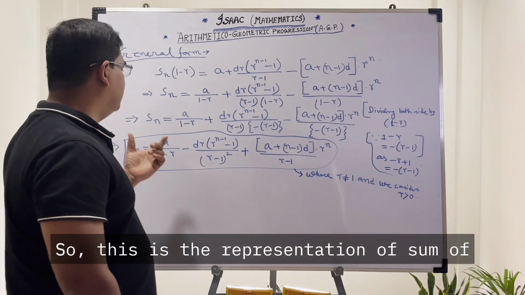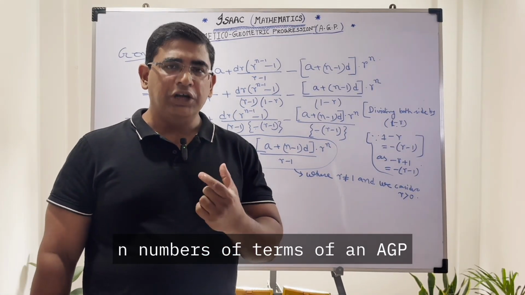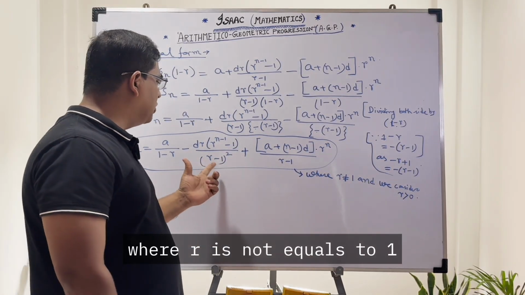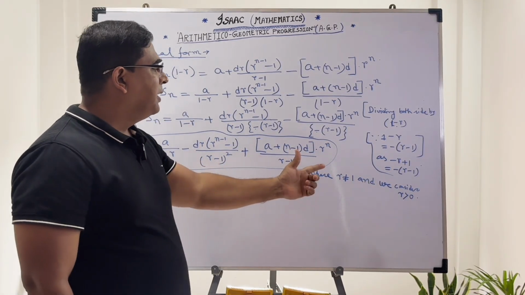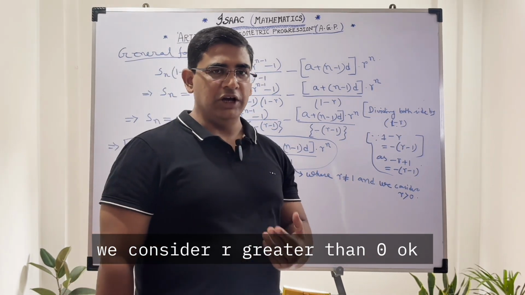Okay, so this is the representation of sum of n numbers of terms of an AGP, where r is not equals to 1 and we consider r greater than 0. Okay.